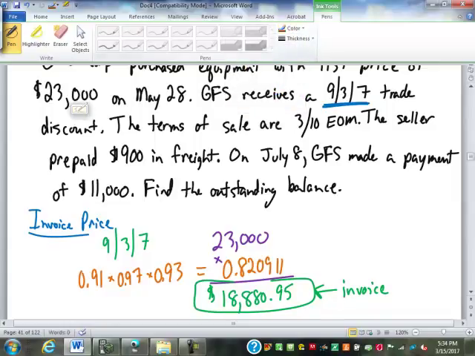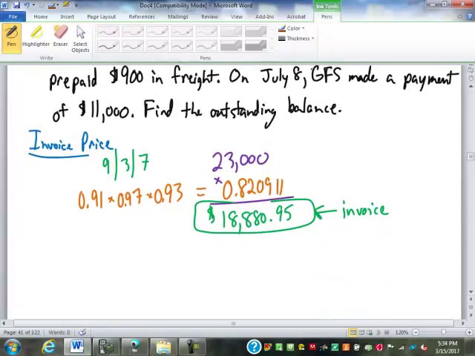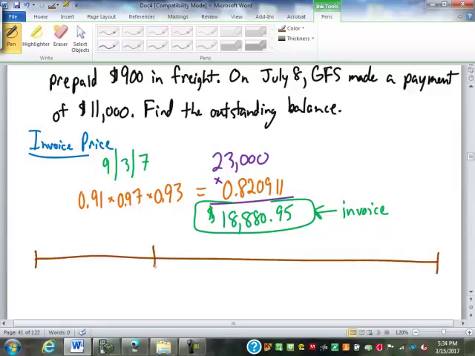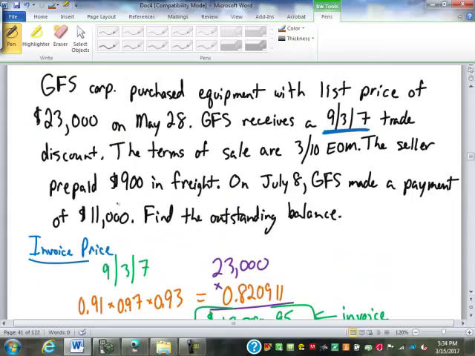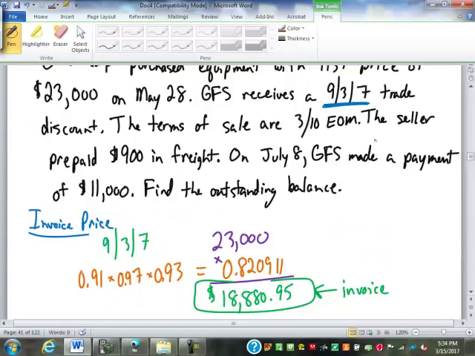Next, if we looked at a timeline for our payment, where does this timeline start? Well, normally the timeline starts at the date of the purchase, the date the invoice is generated, which is May 28th. Is there anything in this invoice that changes that?